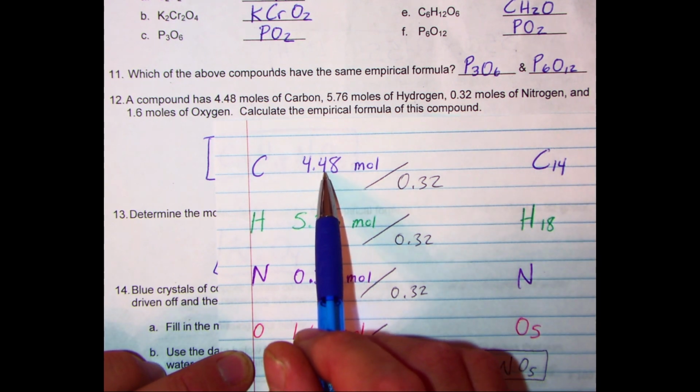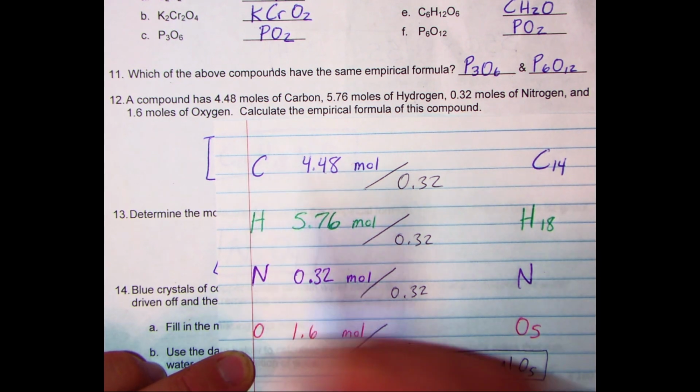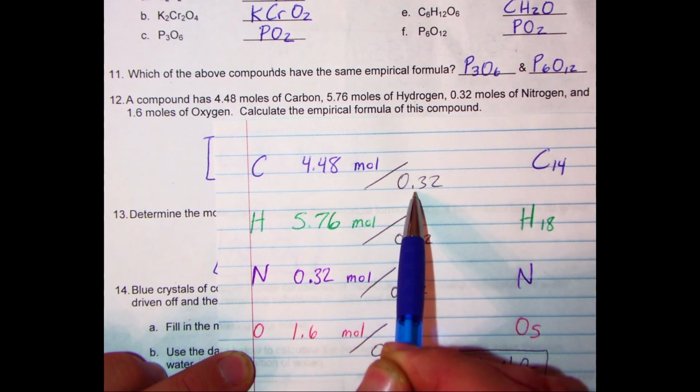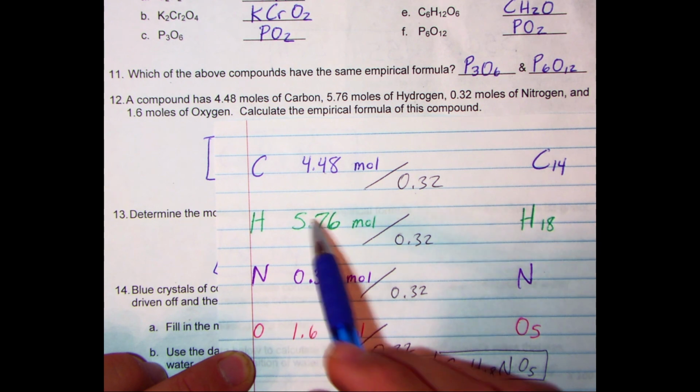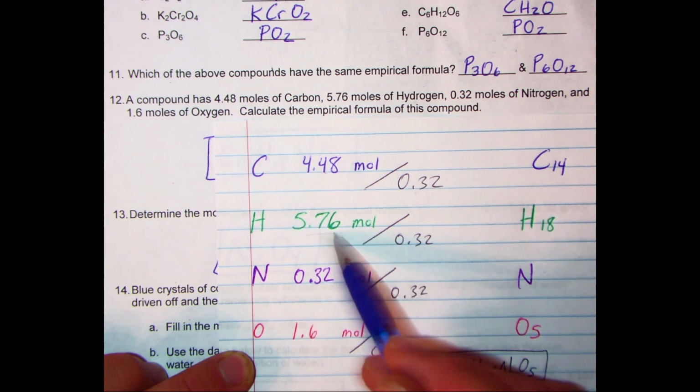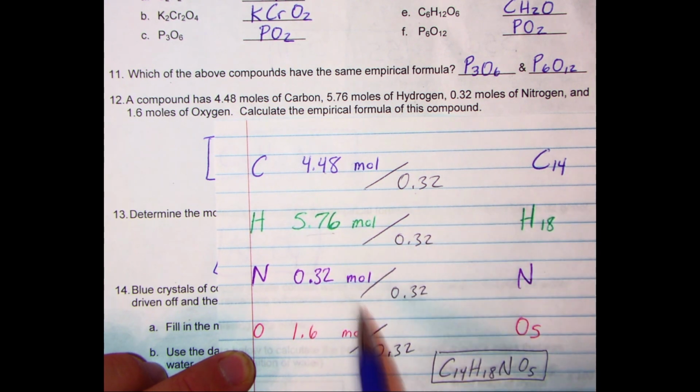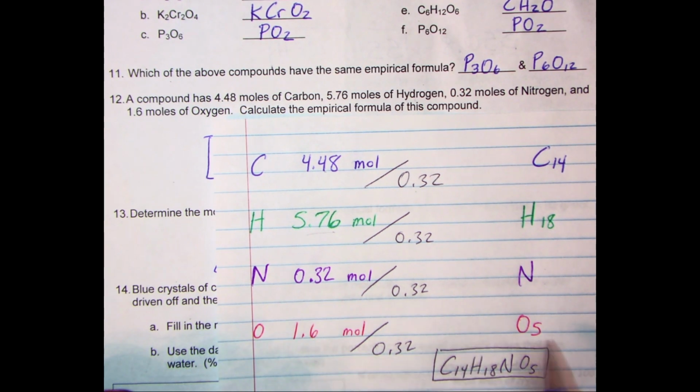Well, 4.48 moles of carbon is 14 times greater than the nitrogen contributed. Hydrogen is 18 times greater in quantity by mole. Obviously nitrogen is 1, and oxygen, you can see, is 5 times greater by quantity in moles than nitrogen.